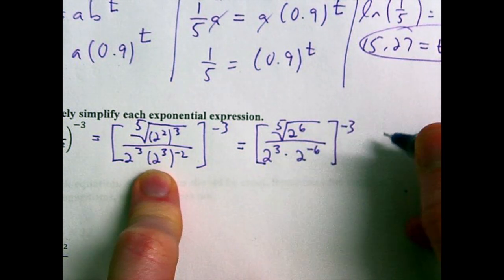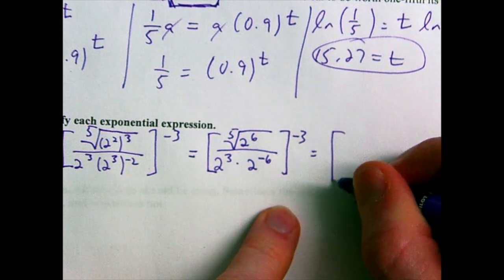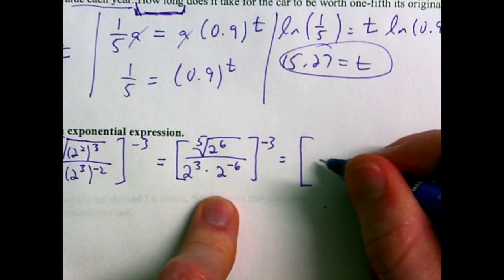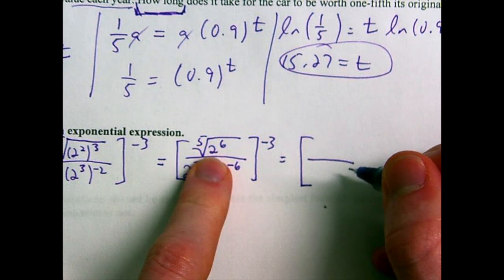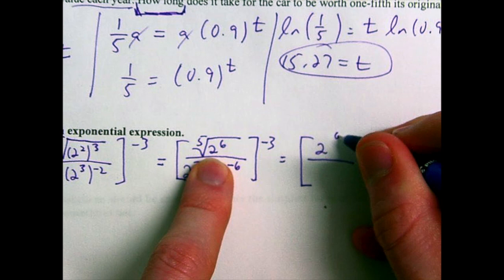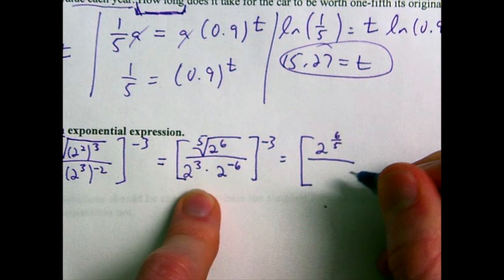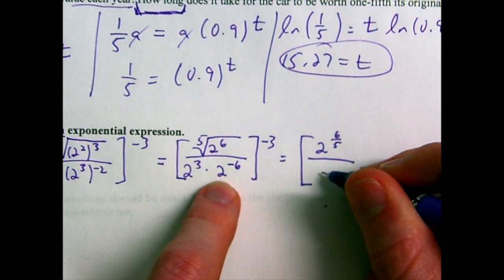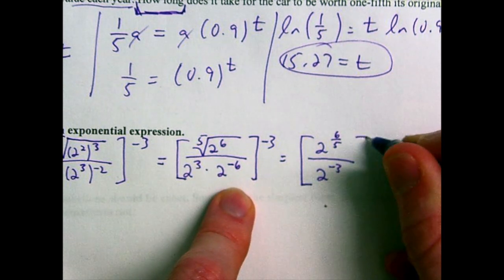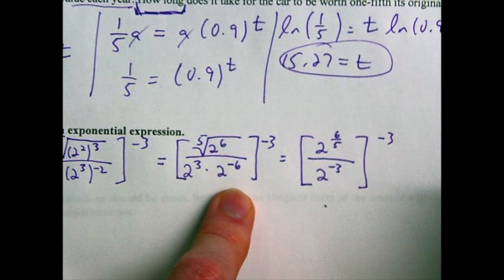Everything raised to the negative 3. So I guess, in the numerator, taking the 5th root is like raising to the 1/5. So that's going to be 2 to the 6/5, right? And the bottom, I'm going to add these two exponents. So that's 2 to the 3 minus 6 is negative 3, all raised to the negative 3.